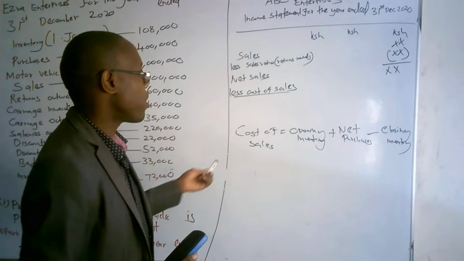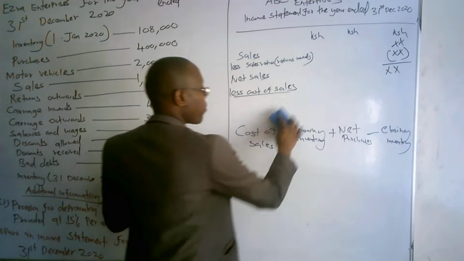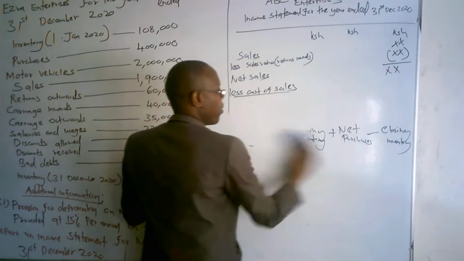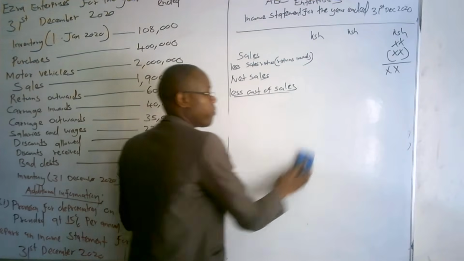So this is the formula of getting the cost of sales, and maybe you can write it somewhere, because I'm going to erase it from here so that we continue with the format.